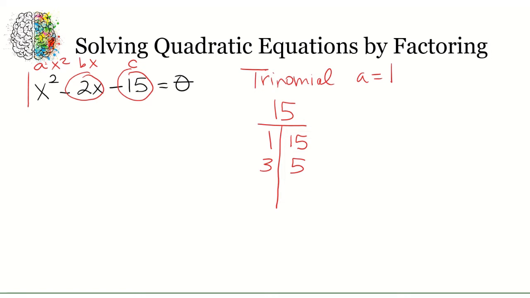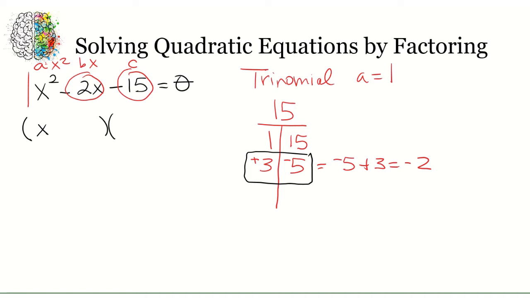If I have a negative 5 and a positive 3, if I add those two together, negative 5 plus a positive 3, that's going to give me a negative 2. So that tells me that these are the factors that I'm going to want to use in order to get that middle number. So now I can break that trinomial up into a binomial.